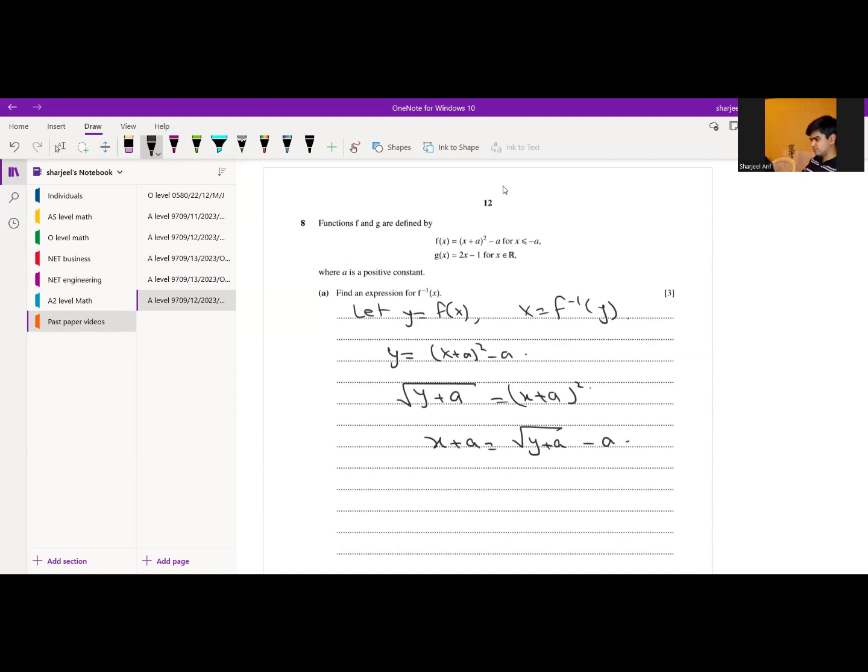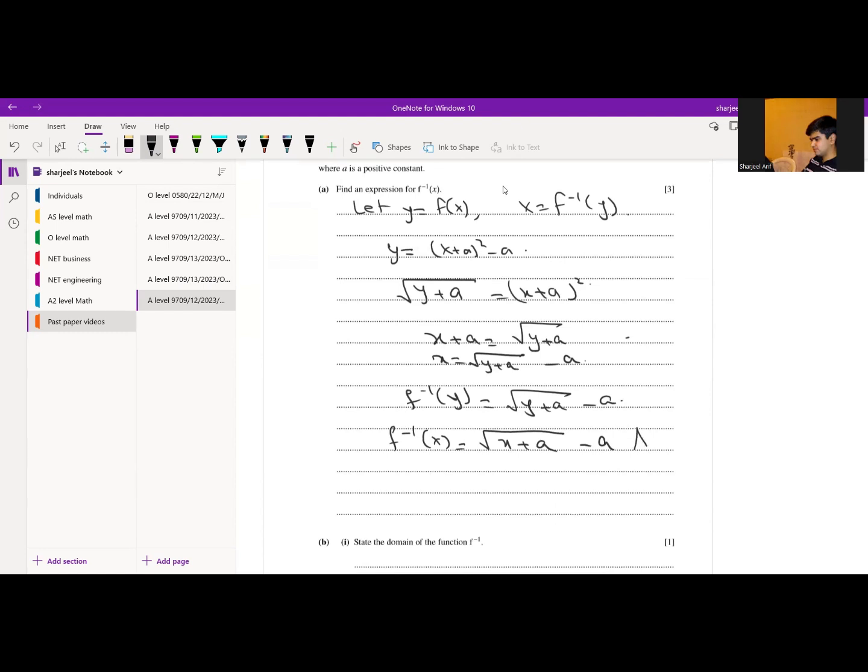So x will be equal to square root of y plus a, minus a. So f inverse of y is equal to square root of y plus a, minus a. We will replace the value of y with x. So that is our answer.